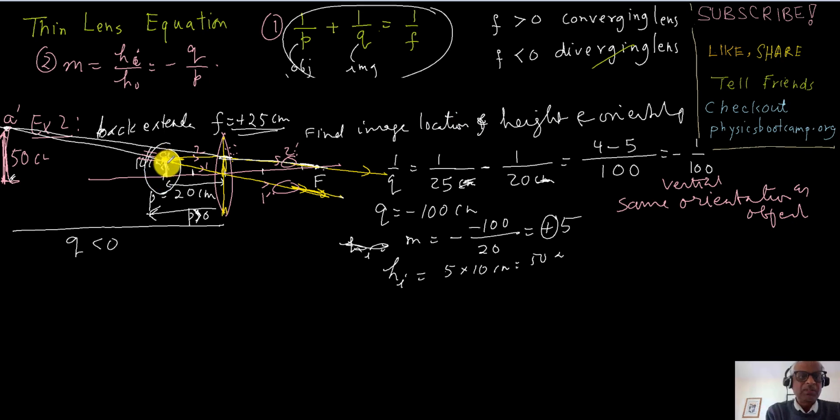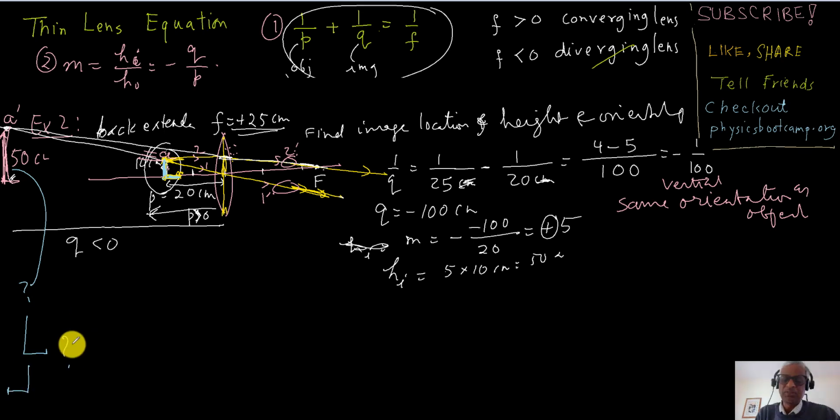What we haven't done is not part of this question, and you may want to investigate: what if this object was L-shaped? Okay, this object looked like L. I want to ask you, will it be like this, or will it be like this? Which will it be?